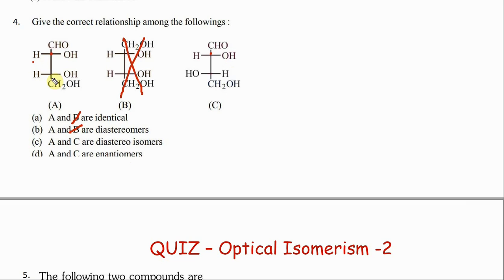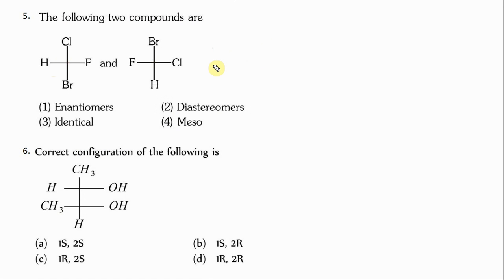Good. In this carbon OH is on the right side, in this carbon OH is not. So only one OH has flipped. So only one carbon, the chirality is different. So they have to be diastereomers. Had this been the enantiomer, how would it look? This OH would have to be on this side. So it is C. Okay, let's do question number 5.